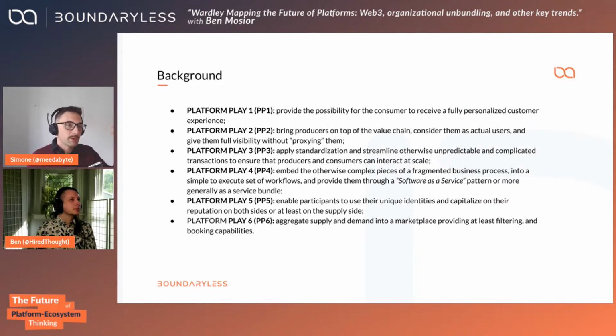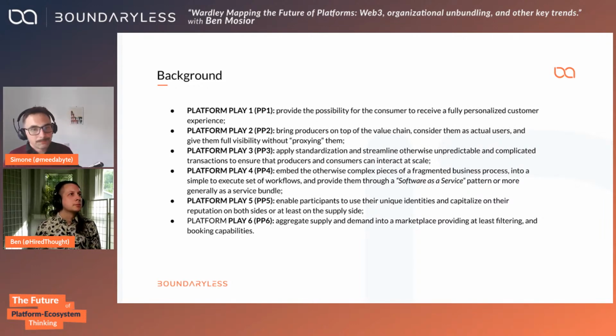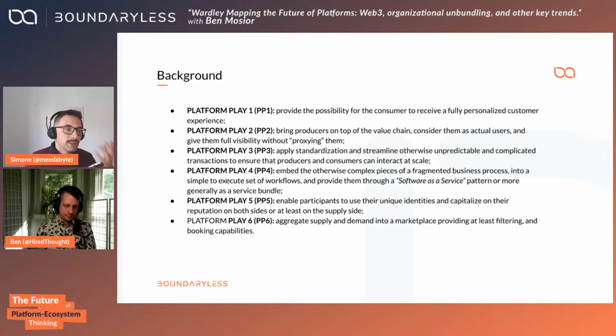And so what is the synthesis here, right? Applying platform play number 1 and 2, we essentially enable so-called long tail economics, right? So the idea is that you create this kind of marketplace. And indeed, by connecting producers and consumers, you also have to enact platform play number 3, which is essentially standardizing transactions.